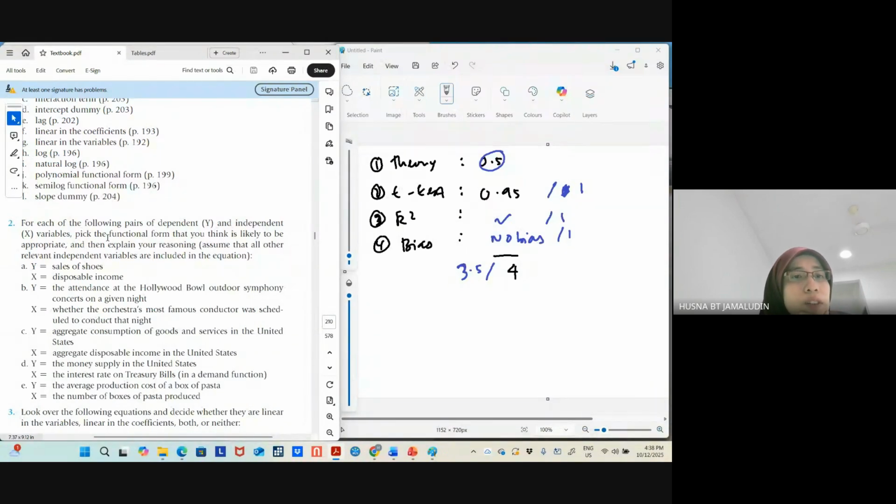So for each of the following pairs, y is your dependent and x is your independent, pick the functional form. Remember, chapter 7 is about functional form that you think is likely to be appropriate. Okay.